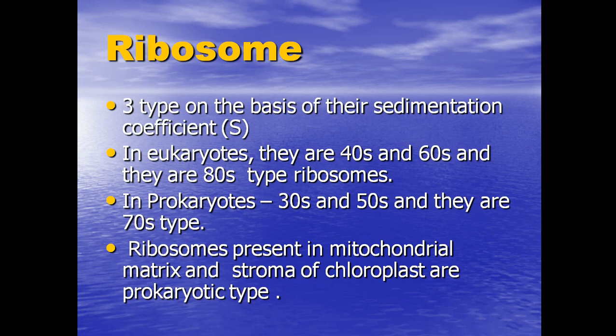There are certain ribosomes which are present in the mitochondrial matrix. Even in the stroma of the chloroplast you can see ribosomes. Though the mitochondrion is in a eukaryotic cell, the ribosome present in the mitochondrial matrix is prokaryotic type.